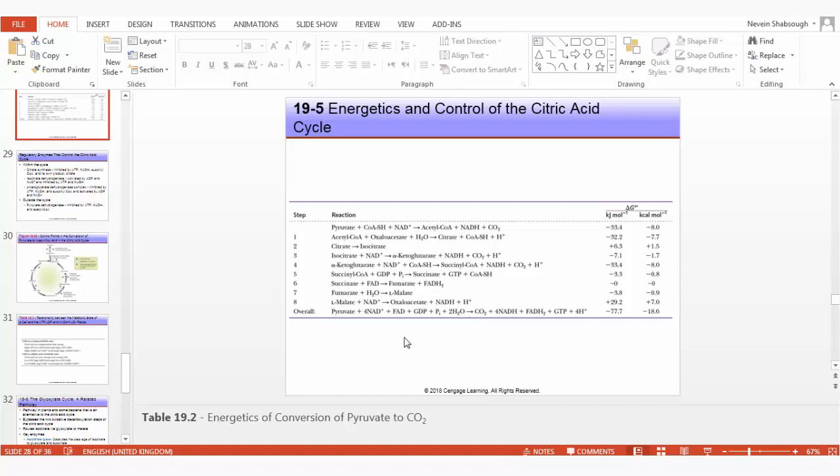Now, the control of the citric acid cycle will be exercised at three points, or 3 reactions: citrate to isocitrate, isocitrate to alpha-ketoglutarate, and then alpha-ketoglutarate to succinyl-CoA. So we have control prior to the cycle.